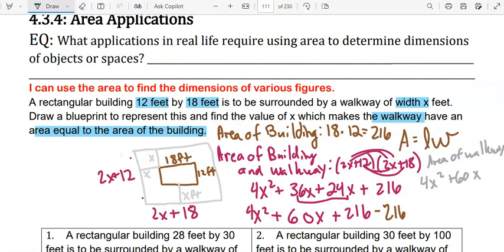Now we want to find when the area of the walkway is the same as the area of the building. So we're going to set those two equal to each other. Notice that all three of these terms are divisible by 4, so we could just divide 4 out of all of these.